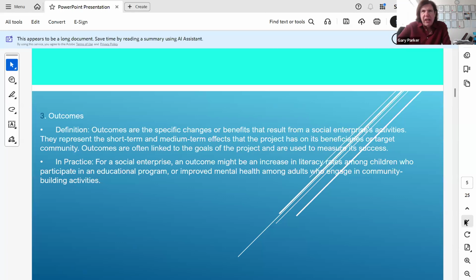So, like I mentioned before, if you've got an employment project, obviously one of the outcomes would be people getting employment, people getting training that can lead to employment, and a number of others. Here's another one. An outcome might be to increase literacy rates among children who participate in an education program, or improved mental health among adults who engage in community building activities.